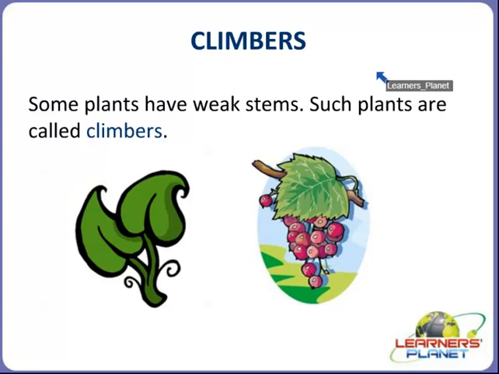The fourth type of plant is a climber. Some plants have very weak stems. Such plants are called as climbers. So children, we can see here that this is a money plant. Children, you must have seen your mother growing a money plant with the support of some wall.